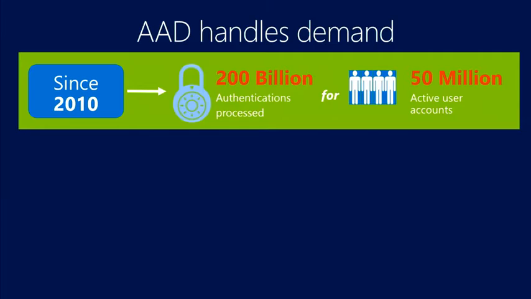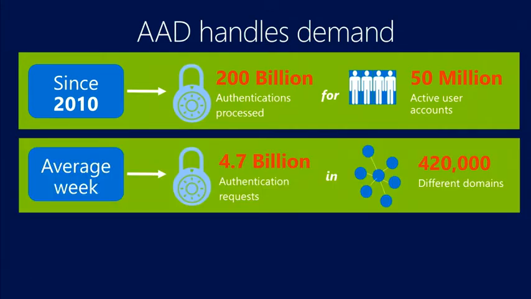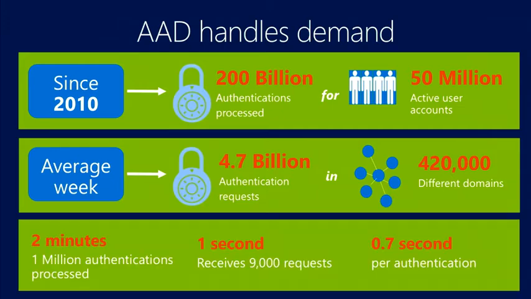At the beginning of this year, they published some statistics about Azure Active Directory based on figures that they had gathered since 2010. So since 2010, Azure Active Directory has done 200 billion authentications. It's done authentications and data for over 50 million user accounts. In an average week, it does about 5 billion authentication requests for about 500,000 different domains.